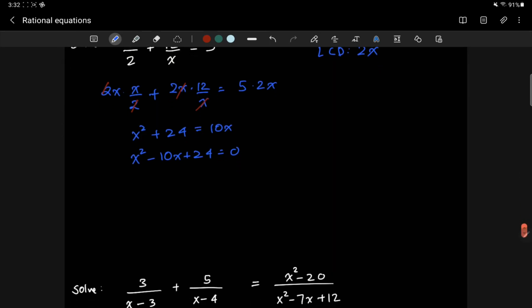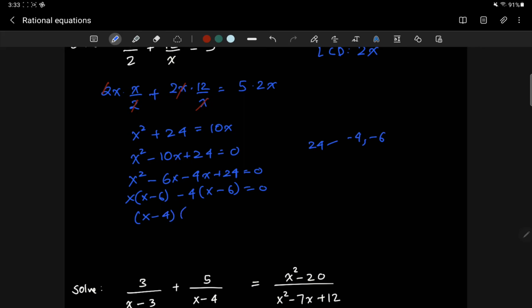equals 0, which we know from our factoring that I can split this as negative 6x minus 4x plus 24, giving me x minus 4 times x minus 6 equals 0, or x equals 4 and x equals 6.